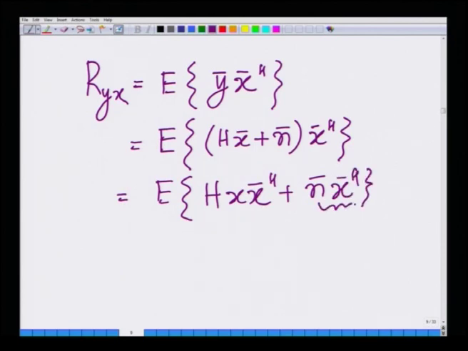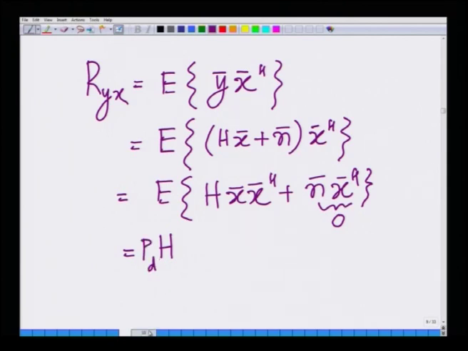As we know, the cross correlation between the noise and x is 0. This is simply H times expected x bar x bar Hermitian, which is the transmit covariance, which is nothing but PD times identity. Hence, this is PD times H.